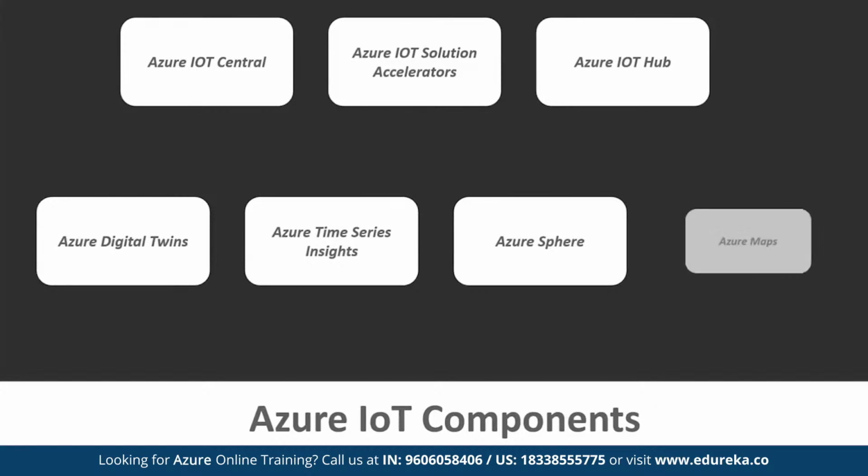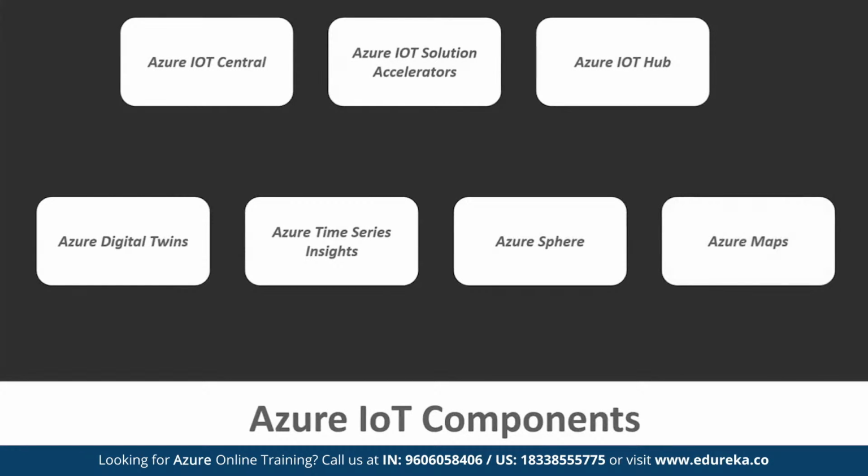Azure Sphere and Azure Maps. Now, when you talk about Azure Sphere, basically it lets you create devices that are hardware heavy. I'm not sure whether this is the right term to use. When you talk about IoT, you're also talking about hardware devices that let you connect different sources. Azure Sphere has a set of devices or classifications which lets you do a lot of IoT things.